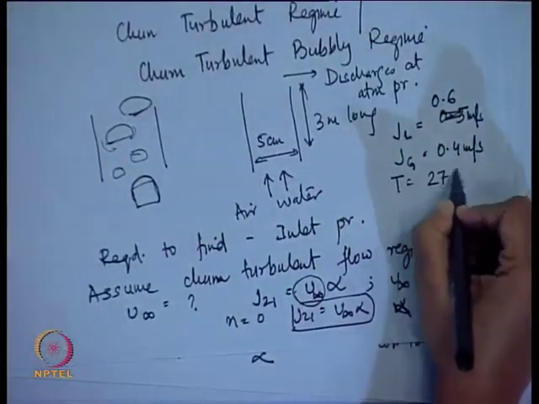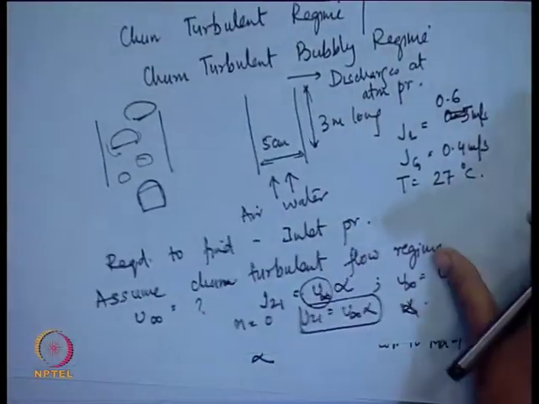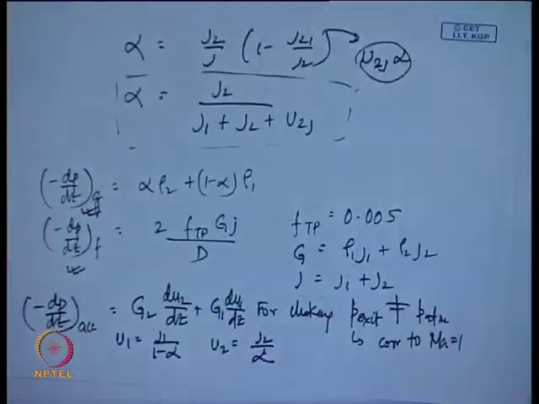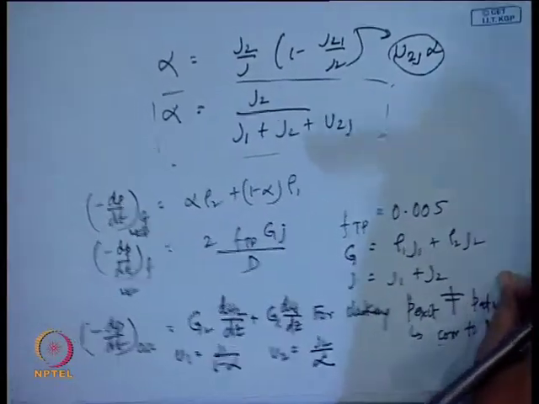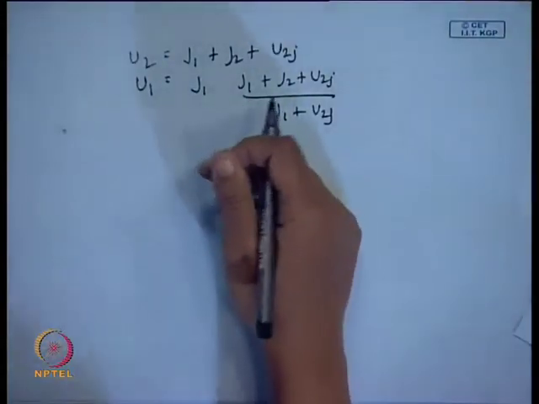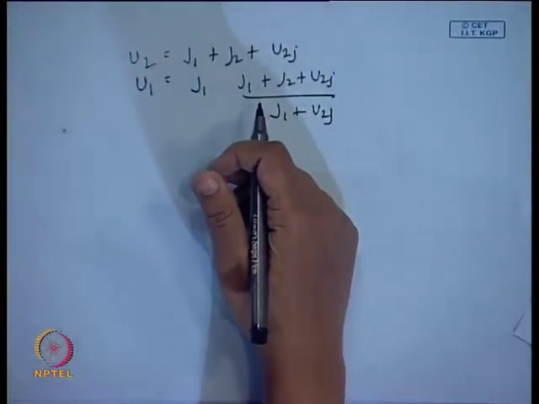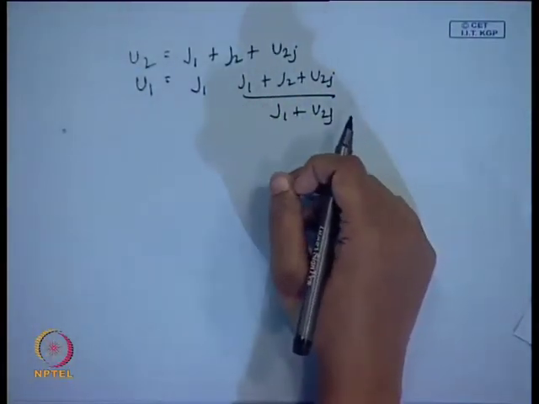Okay. T can be taken as 27 degrees centigrade. So, under such circumstances we find that only J2 changes down the duct, nothing else changes. And what is the change of J2 in the duct? The change of J2 occurs just because there is a pressure change in this particular case.